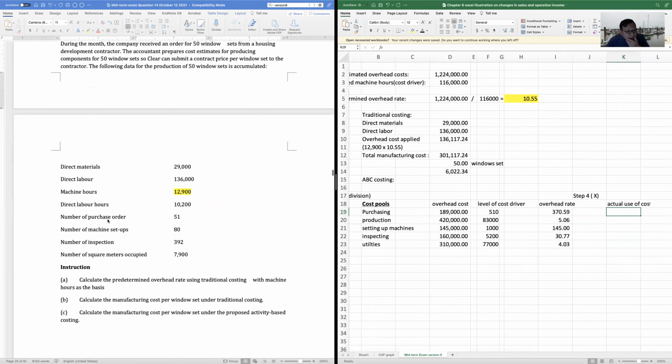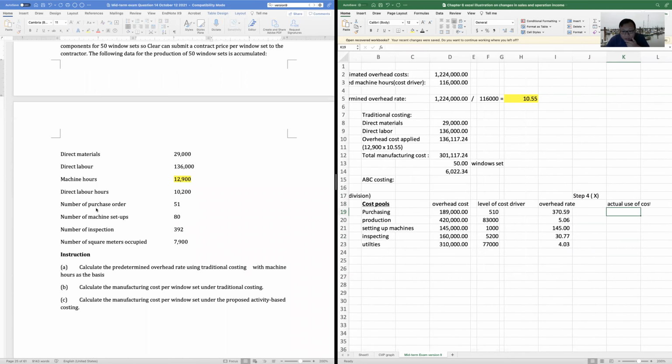So the number of purchase orders, that's 51. And the number of machine hours set up, this is 80. Number of inspections, 392. And number of square feet occupied, 79,000. And here is the production.